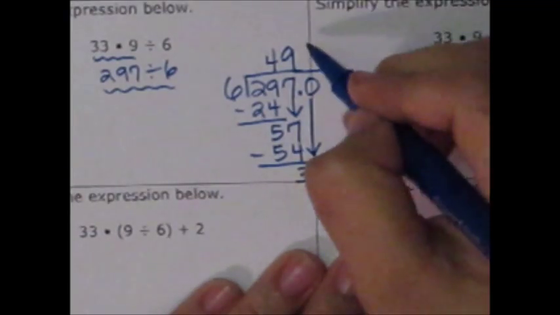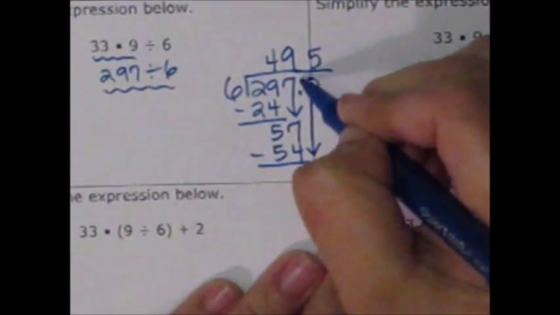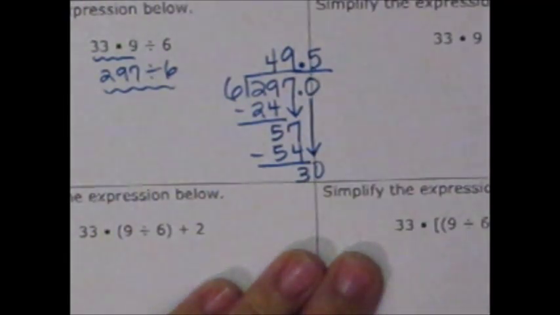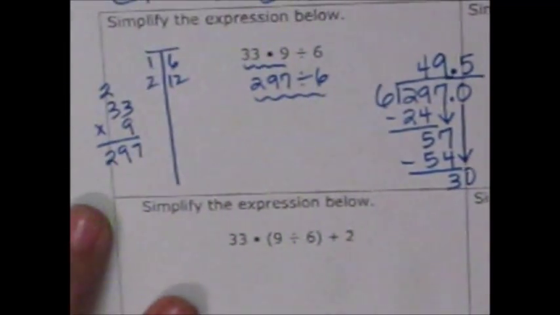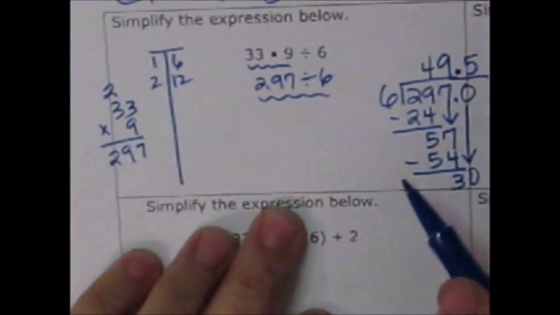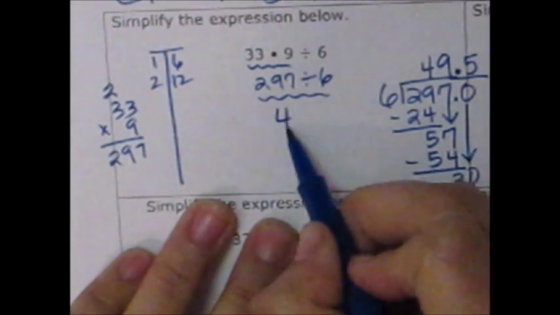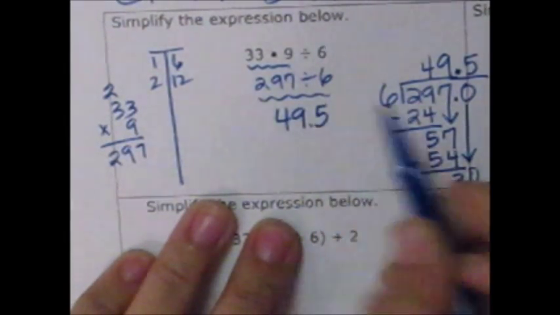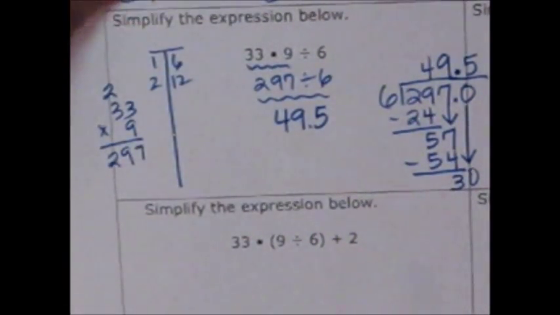How many times? 5 times. Which means that then I need to move my decimal up from there too. So my answer for 297 divided by 6 is 49.5, or 49 and a half, or 49 and 5/10.